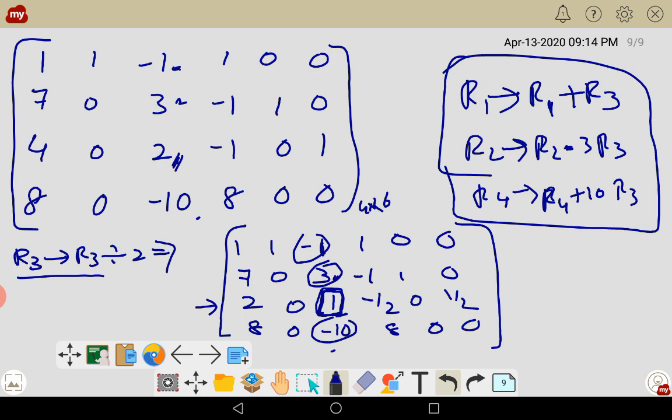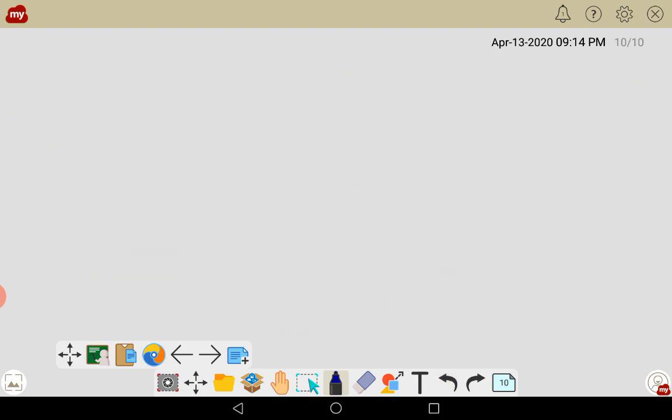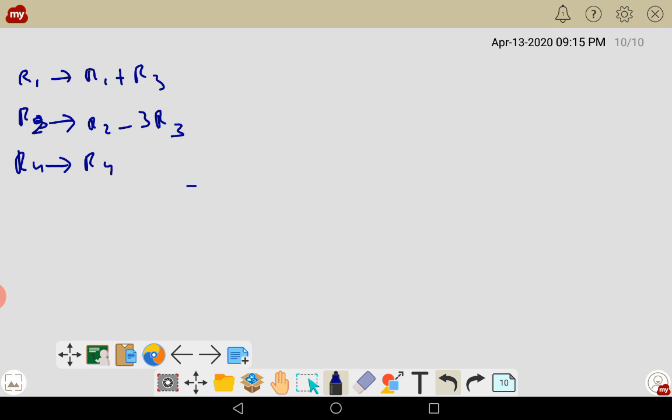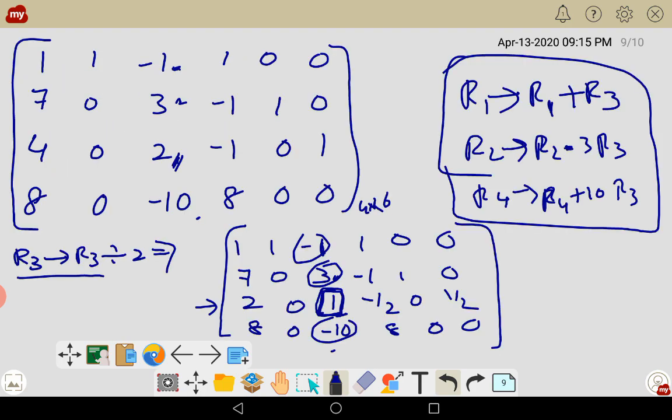So again rewrite these formulas here in the matrix. Row 1 is row 1 plus row 3. Row 2 is row 2 minus 3 row 3. Row 4 is row 4 plus 10 row 3. When you apply all these operations to the previous matrix, you get this new matrix.